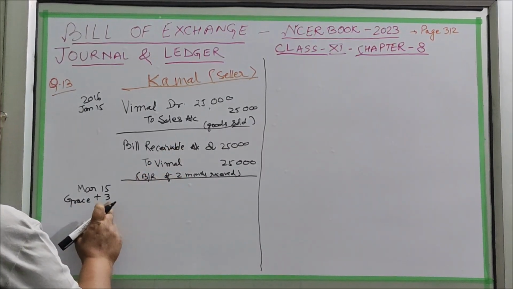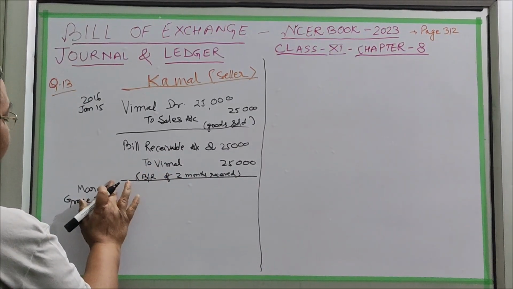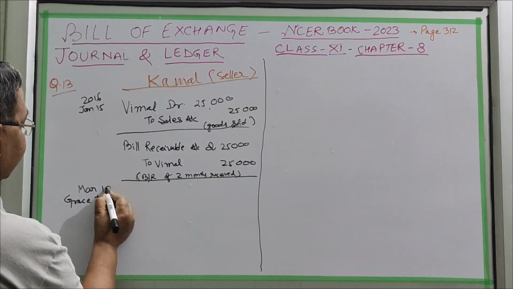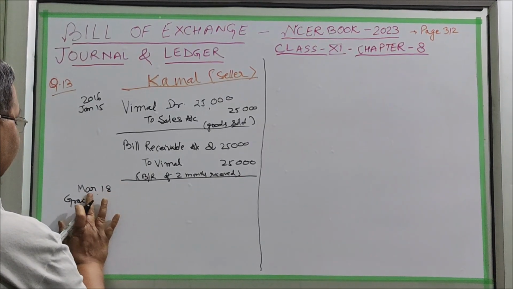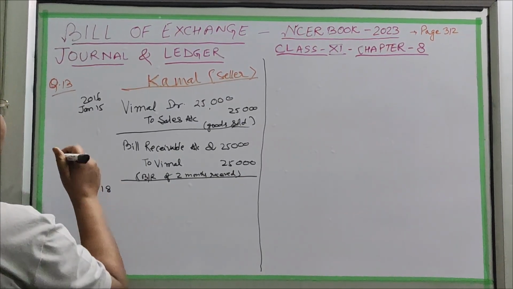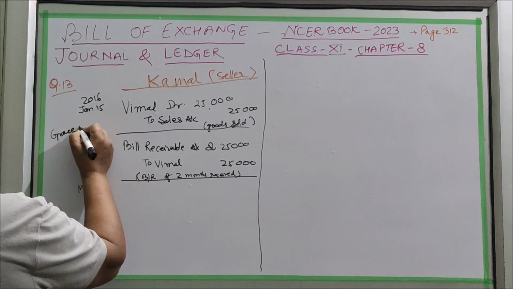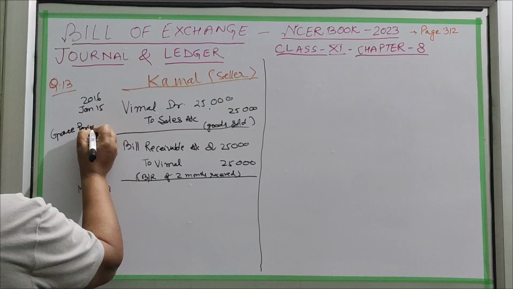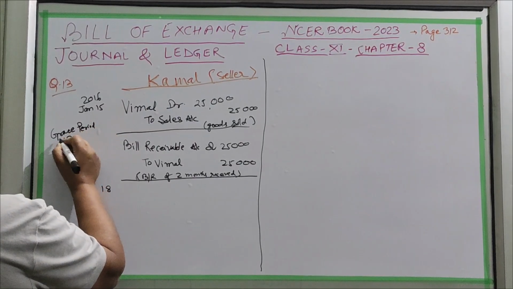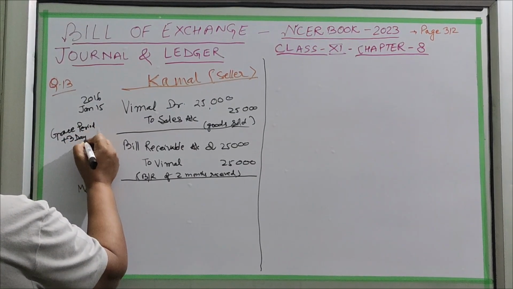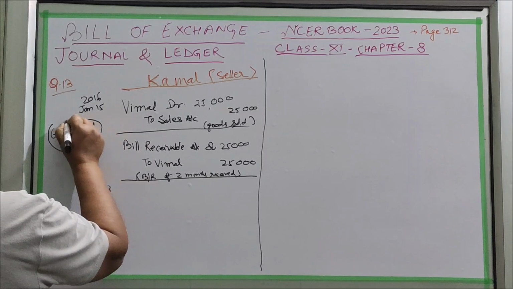In case of a bill, 3 extra days are given. So our payment date will be 18. 18 will be the due date with the grace period. The grace period is plus 3 days.